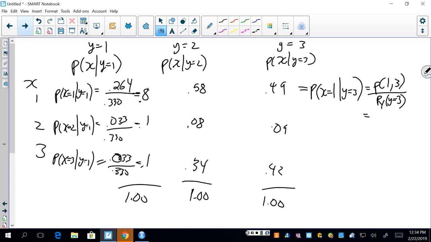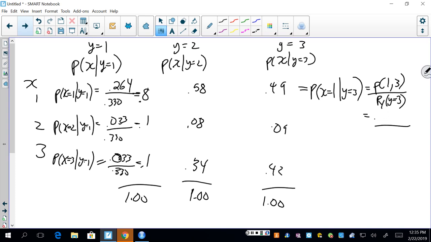From that table, y equals 1, x equals 3 is 0.033. Now is that right? X equals 1, y equals 3, so what do I have? X equals 1. What? 0.164. Over, oh wait, is that the wrong number?